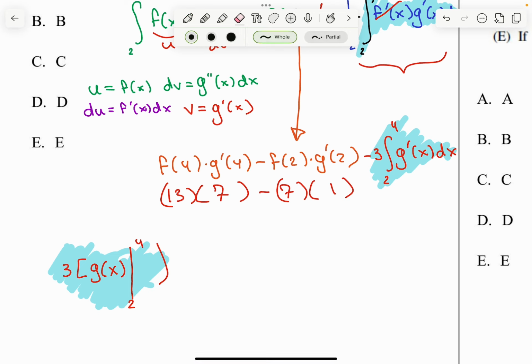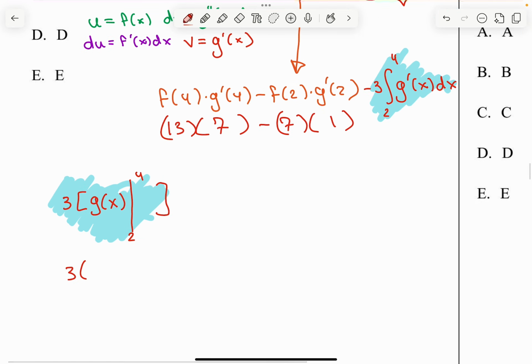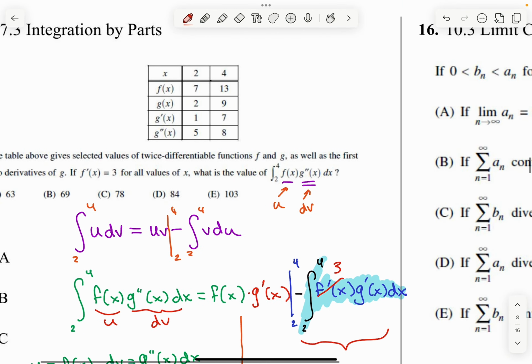So then that's 3 times g of 4 minus g of 2. Why don't we clean this up? We're going to be subtracting this value. So g of 4 is 9, and g of 2 is 2.